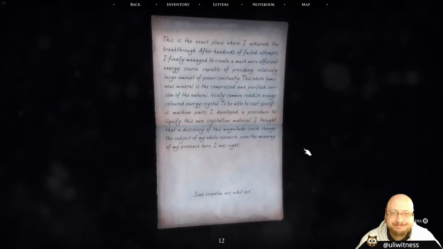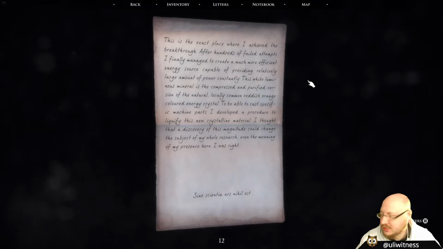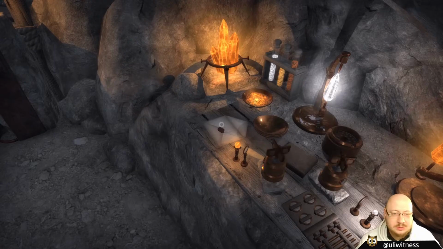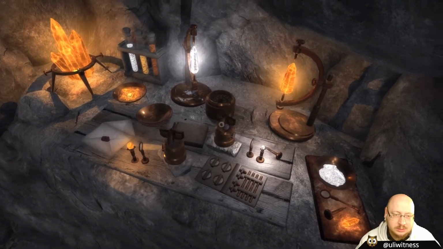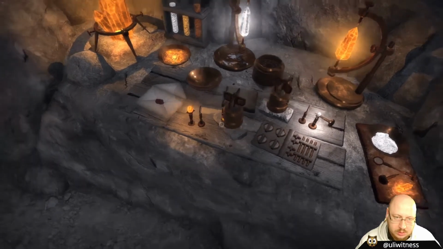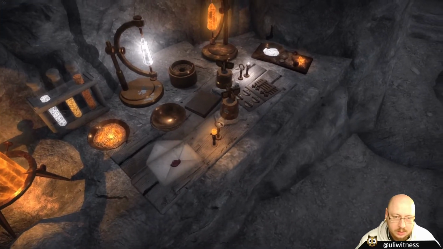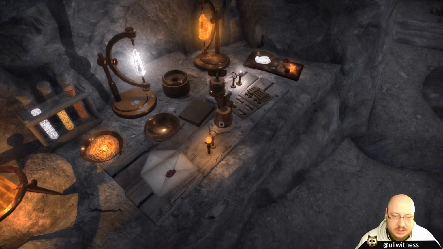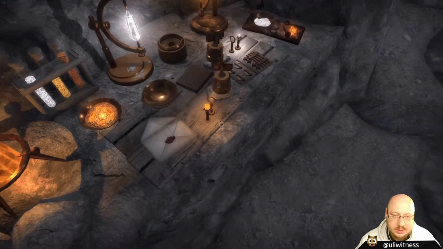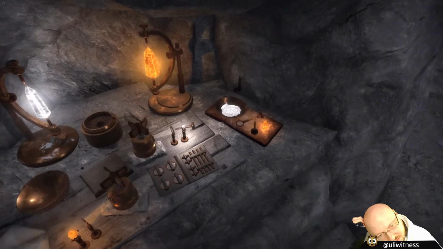Alright. He's so pretentious. Okay. He focuses the crystals into these silver things and they activate.